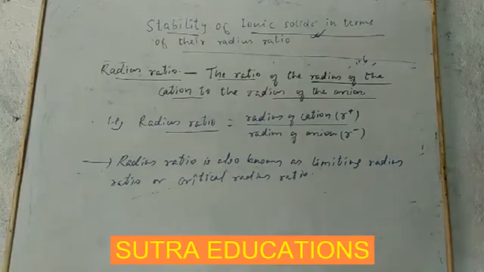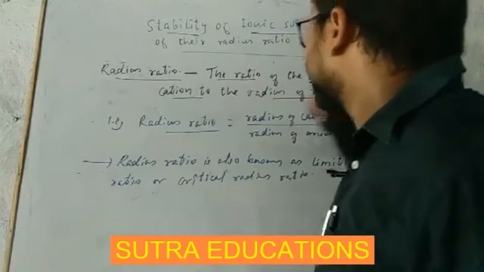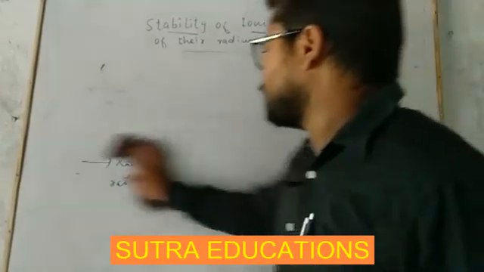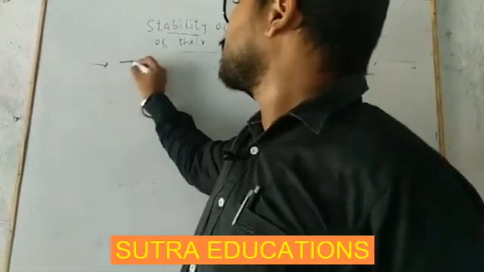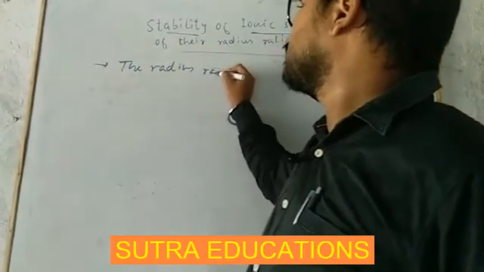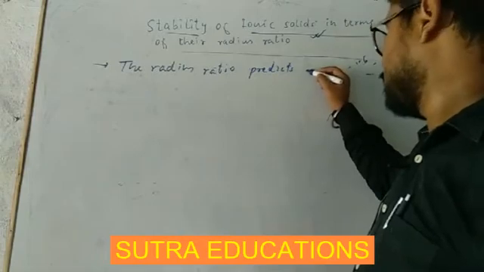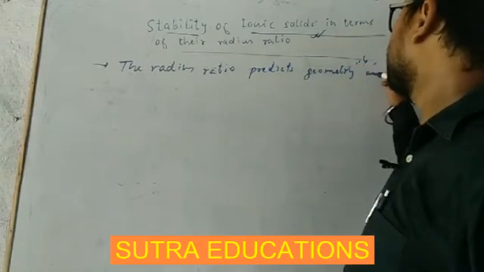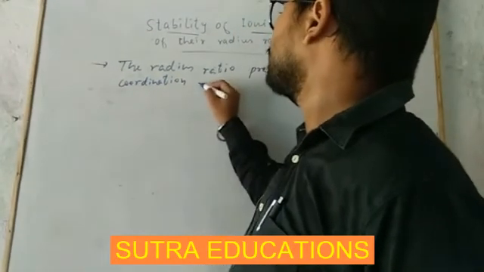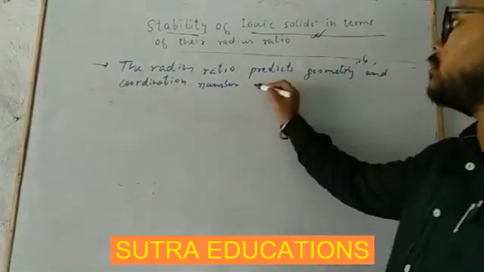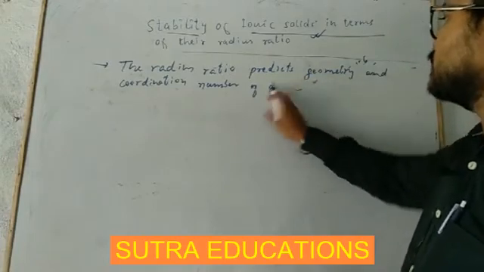And this radius ratio is responsible, the radius ratio predicts geometry and coordination number of an ionic crystal.